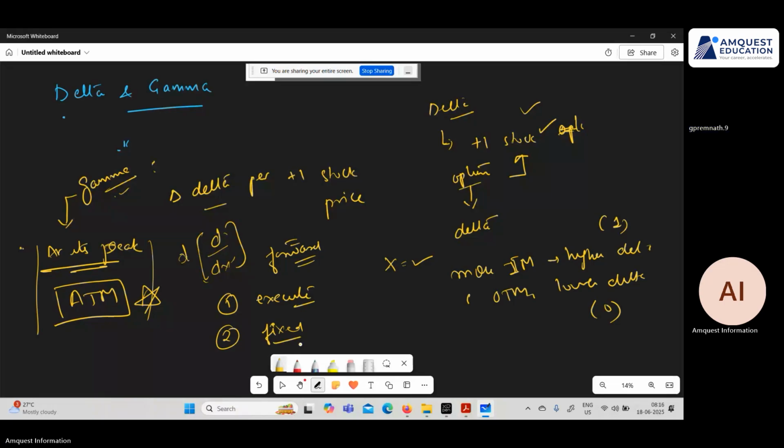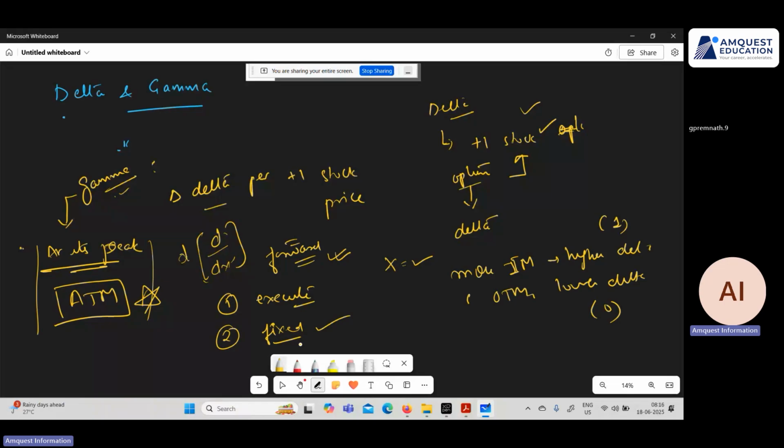And I hope you still are of the same opinion that forwards and futures are not options. You will have to execute and you will see the payout as profit or loss. You cannot get away with it. But no matter where the market moves, you will still end up paying the same amount, which is fixed. Is that correct?